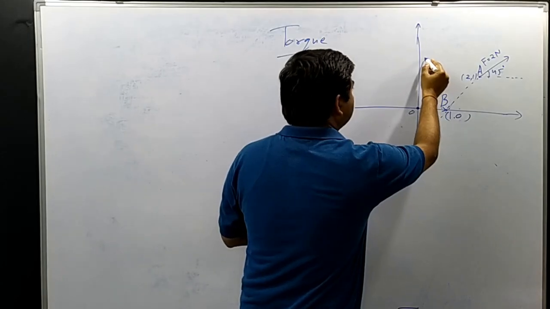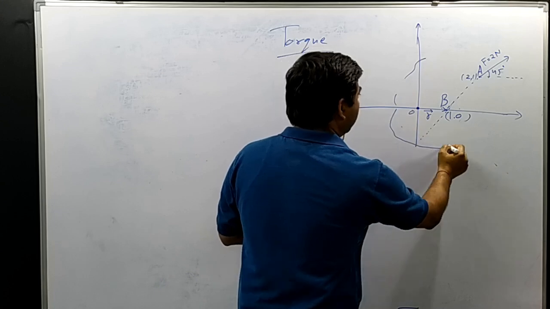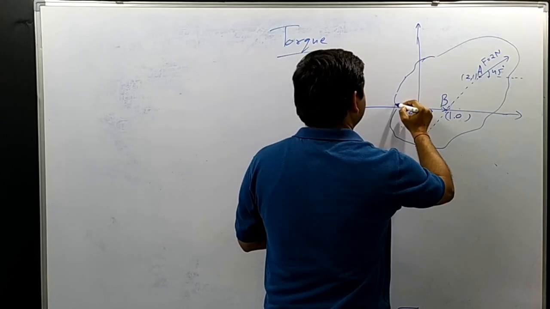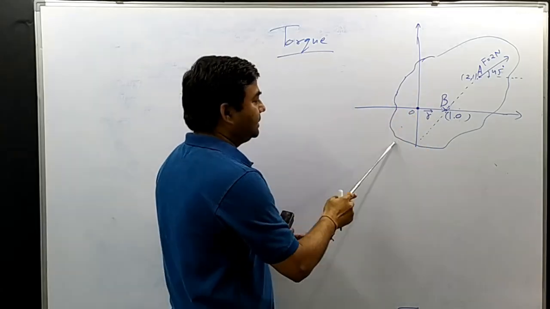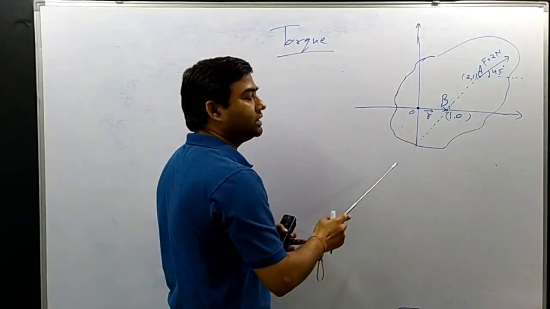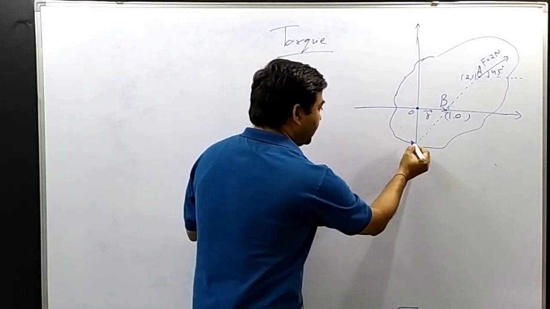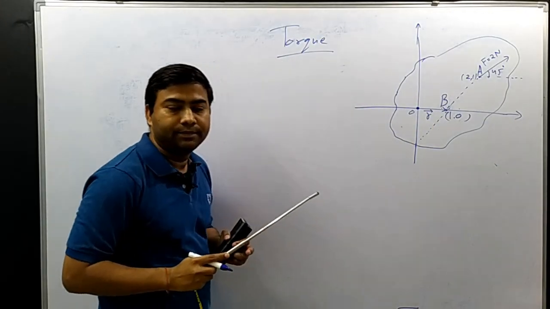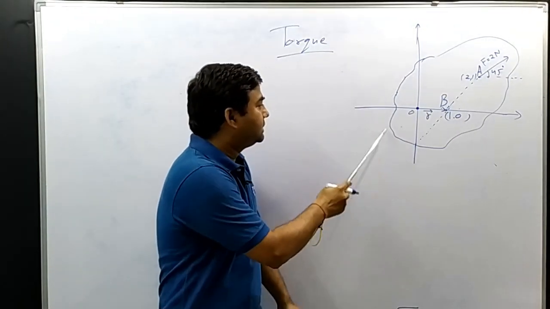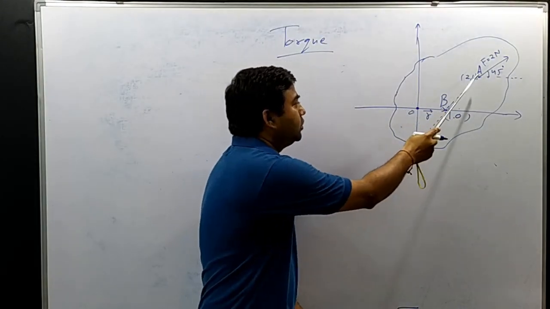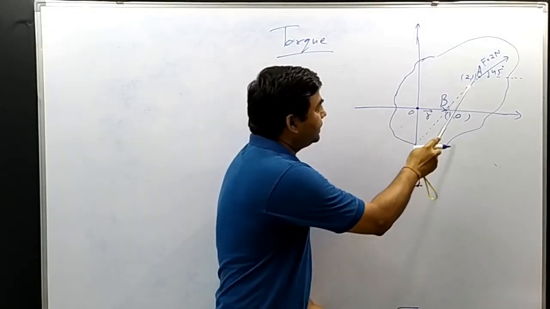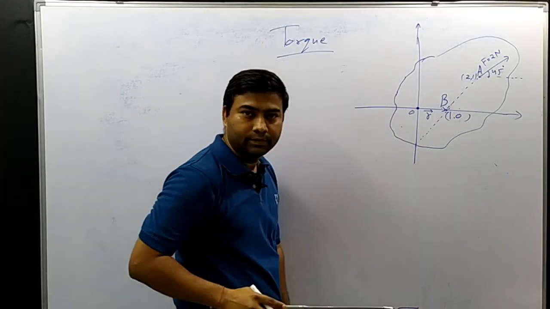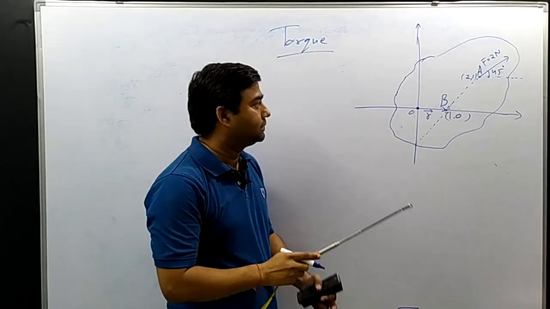There is a body, a rigid body. At point A of this body, a force of 2 Newton is exerted.